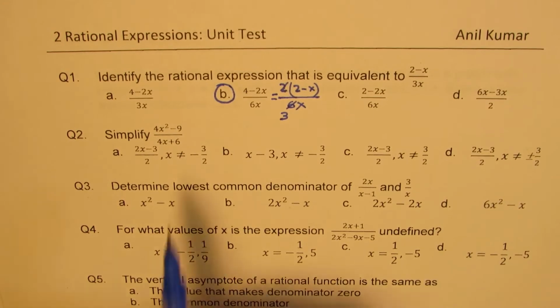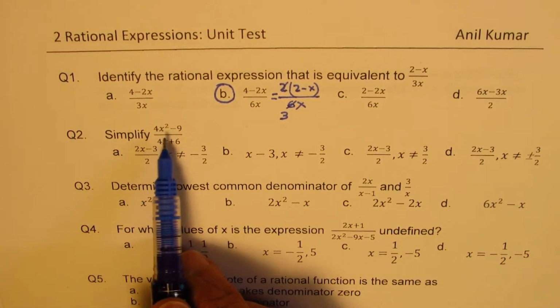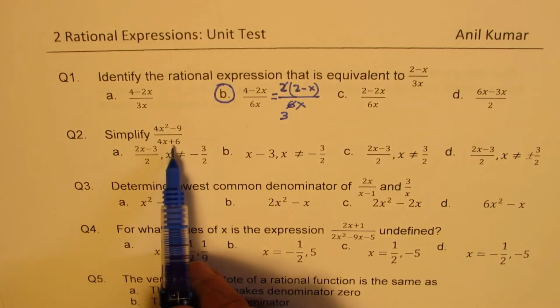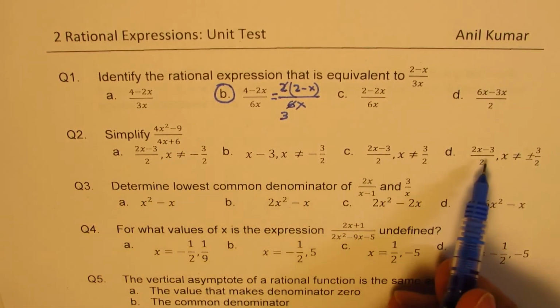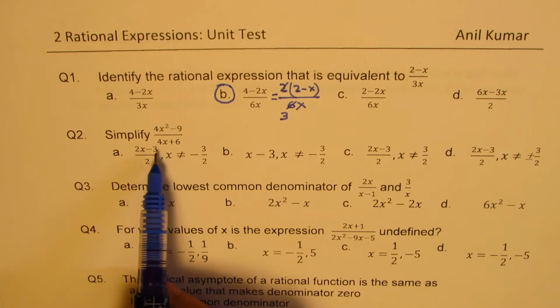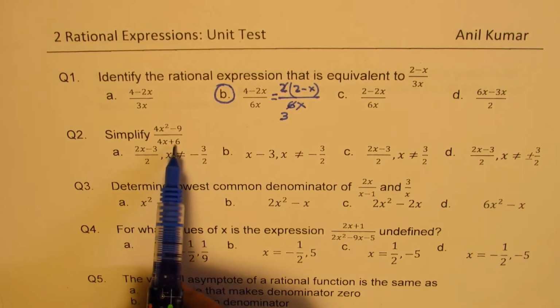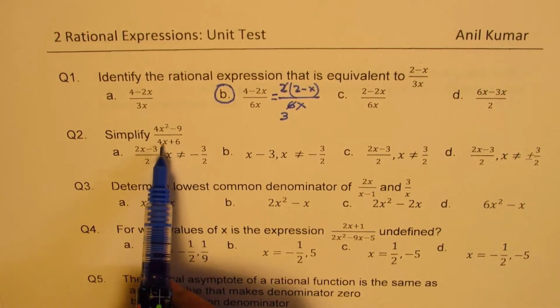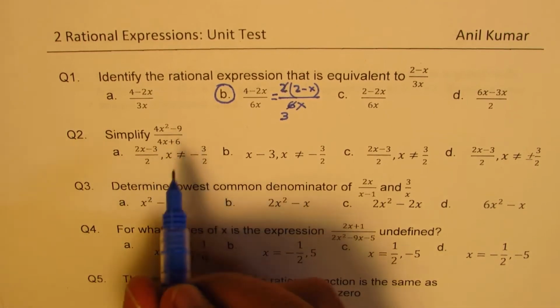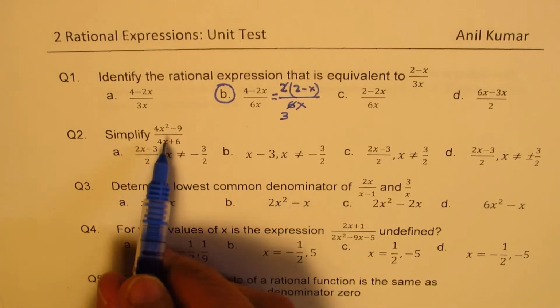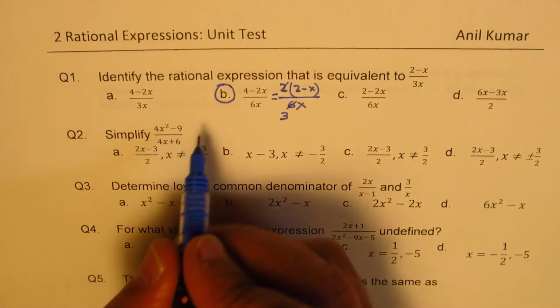Question number 2. Simplify (4x squared minus 9) over (4x plus 6). Let us straight away simplify this, and then we are going to match the answer. The restriction is that x is not equal to minus 6 over 4, or minus 3 over 2. We know that restriction, but let's first simplify. This is the difference of squares.